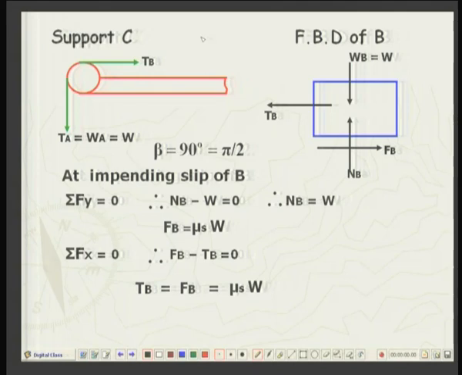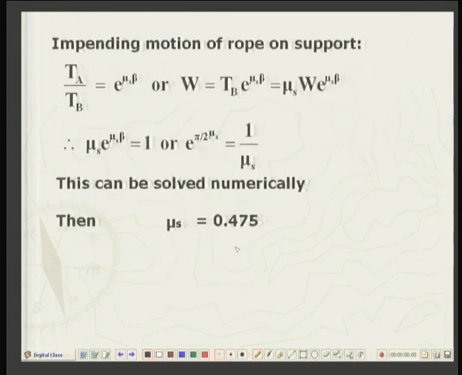Now, look at the equilibrium in the x direction. So, summation of forces in the x direction equal to 0. So, what are the forces? TB and FB. So, obviously, FB is equal to TB, and FB we have already found out, mu s times W. So, now we come to the support C, where the rope is going through an angle of wrap of 90 degrees.